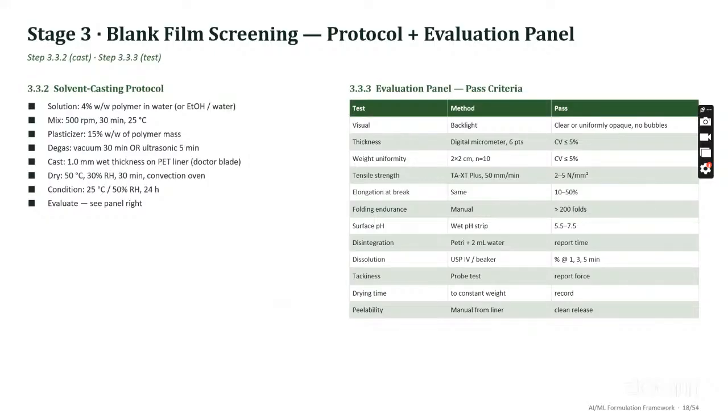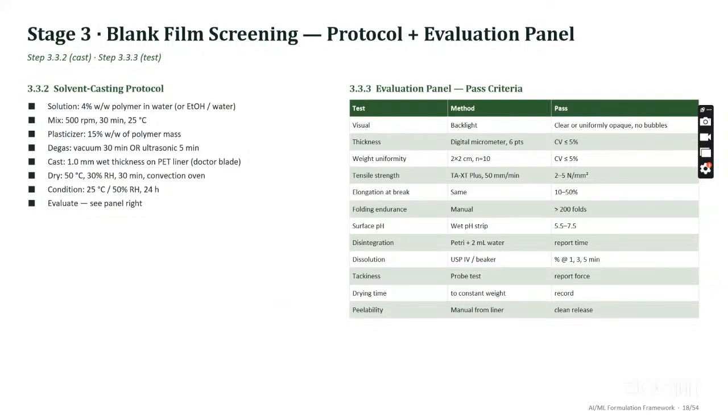So these evaluation panel items should all be checked. My target is a blank film that is clear or uniformly opaque, with no bubbles. When you go to the formulation, each parameter should be evaluated.